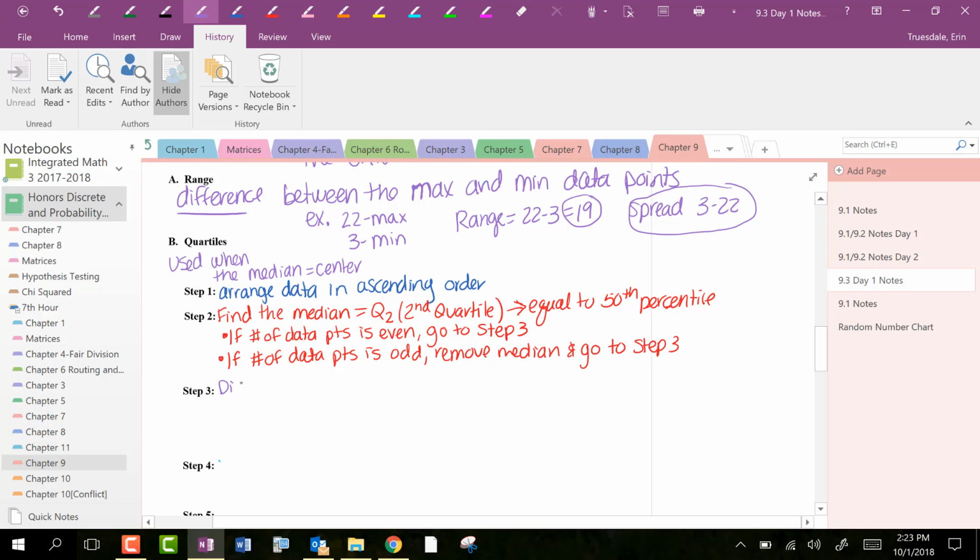Step 3, divide the remaining data into lower and upper halves.